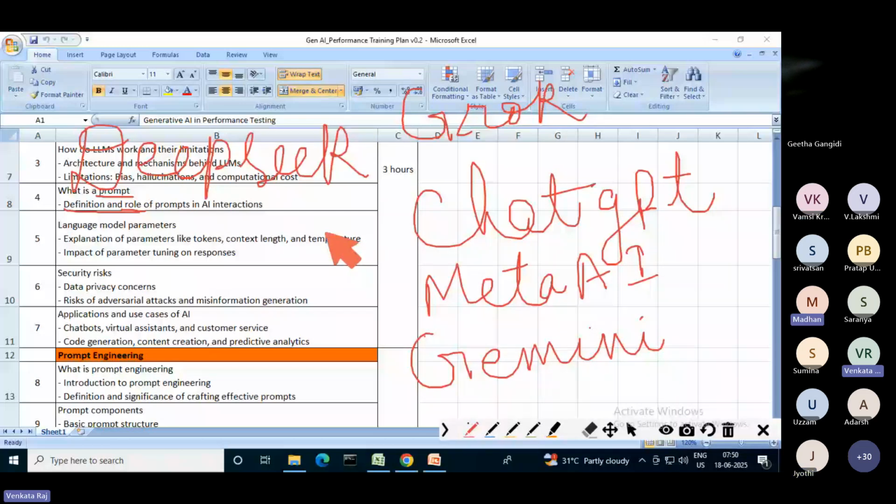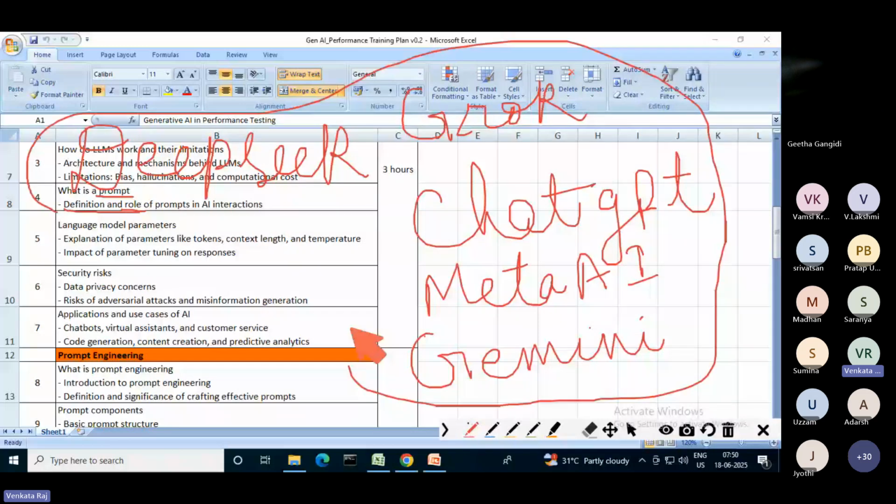So guys, you have heard about all of these AI models, right? And these are products from different companies. Gemini is a product of which company, guys? Google. Grok?